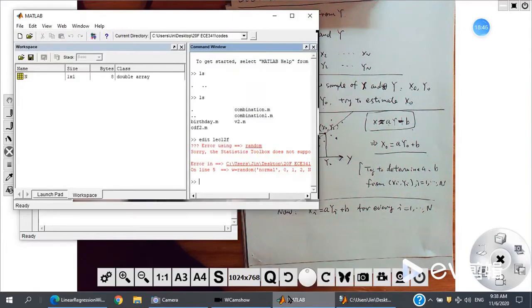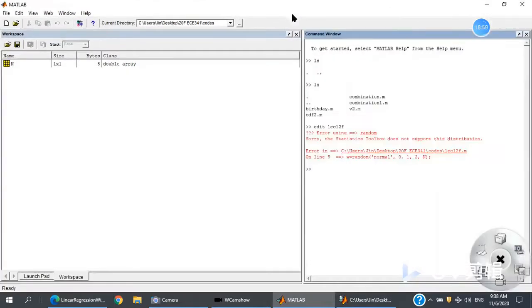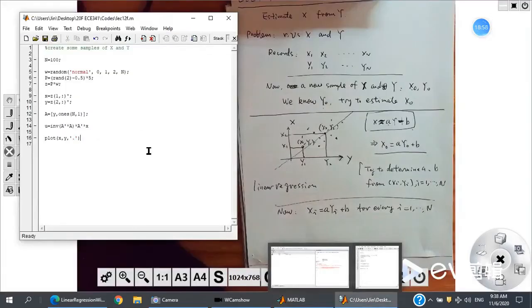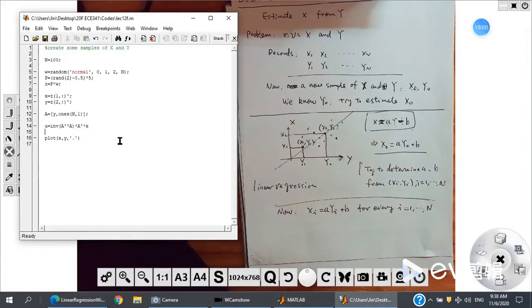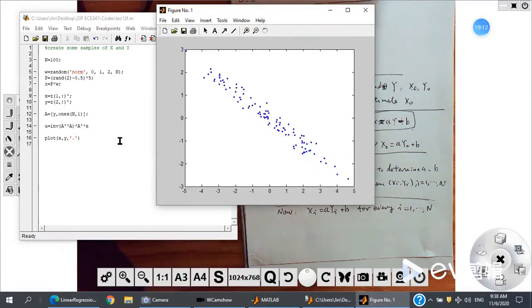Something is wrong. Okay, in the line, random normal, or maybe just norm, no O, no AL. Too long. They just use norm. Like this way. Okay, you see.